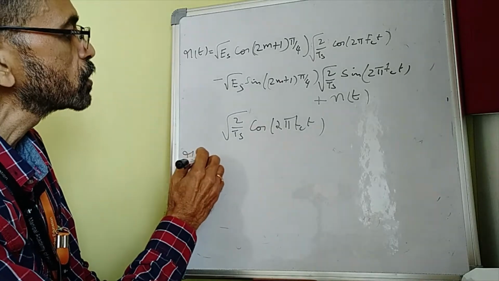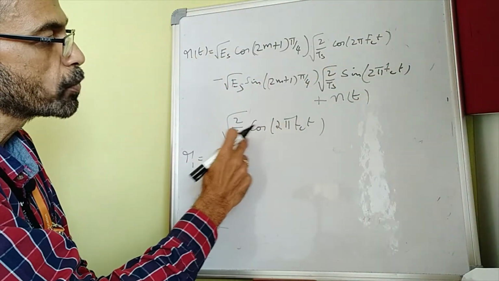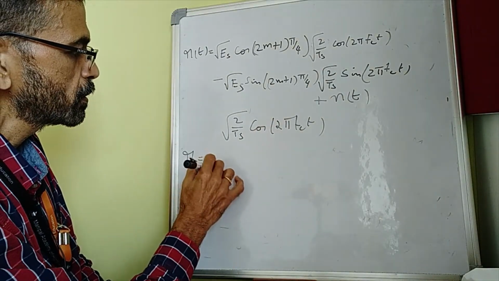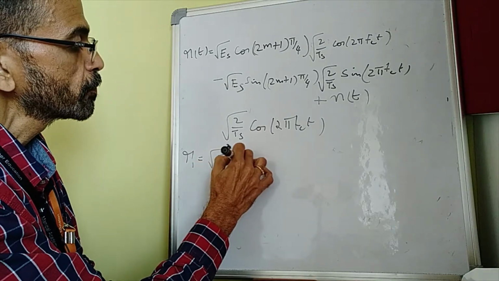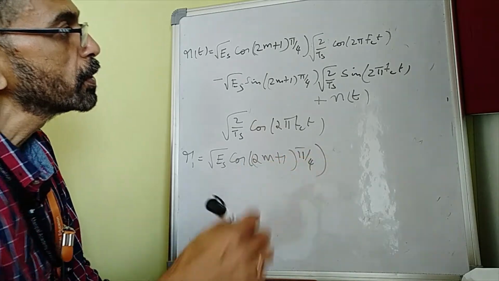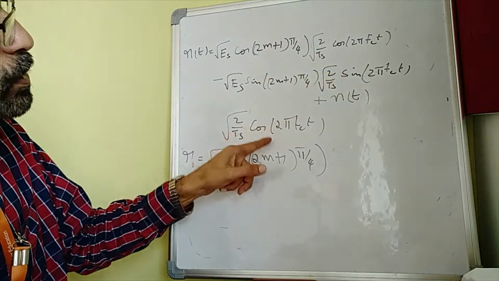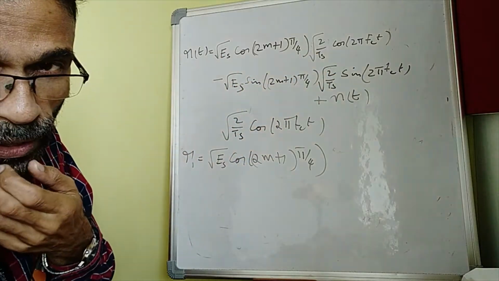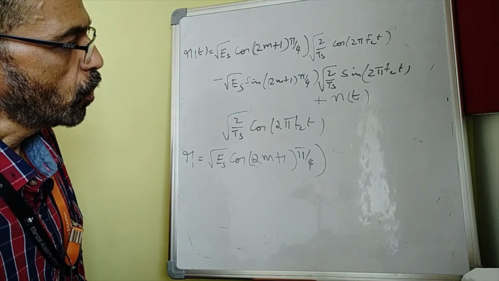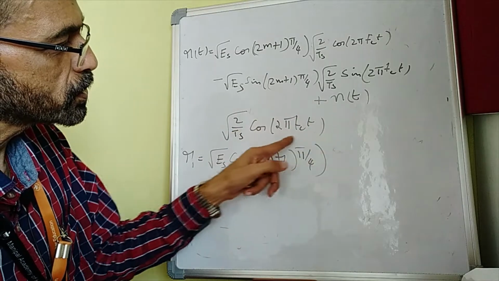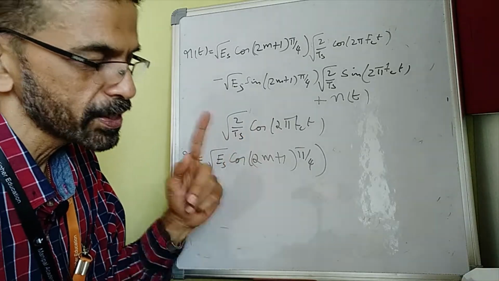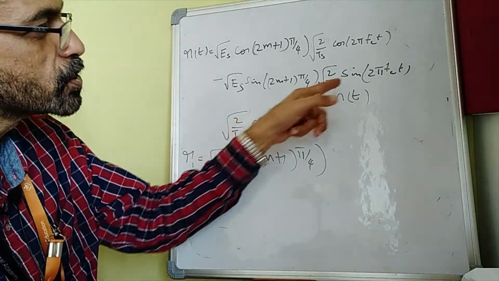So R1 is equal to this multiplied by root of 2 by Ts cos 2 pi fc t, then integrated from 0 to Ts and sampled. You get root Es cos (2m plus 1) pi by 4, and when you multiply the two and integrate from 0 to Ts, you will get the result as 1, because this is of unit energy, you get the norm, the energy of the signal, which is 1, because these form an orthonormal set.